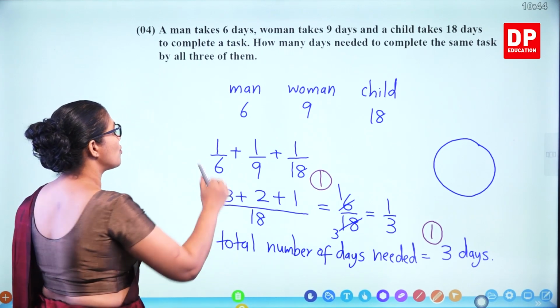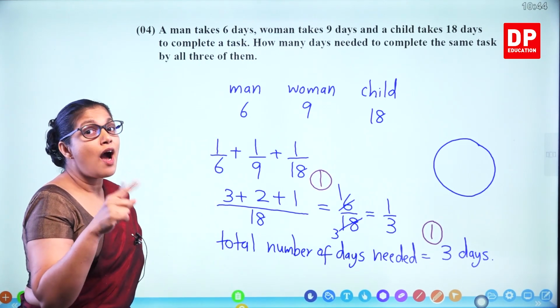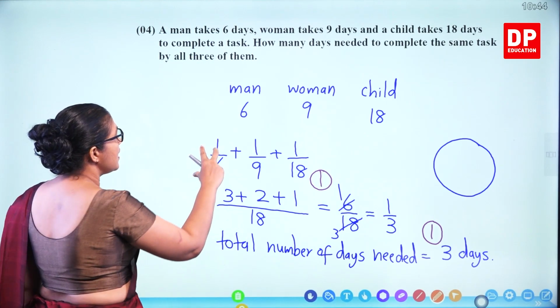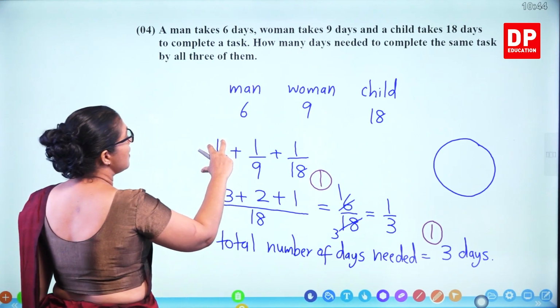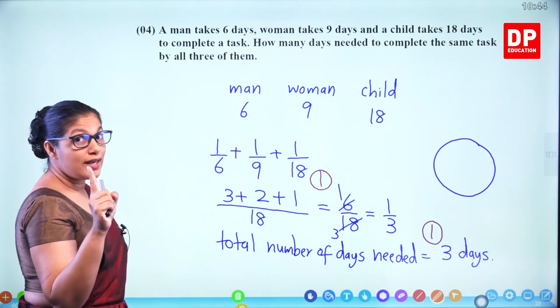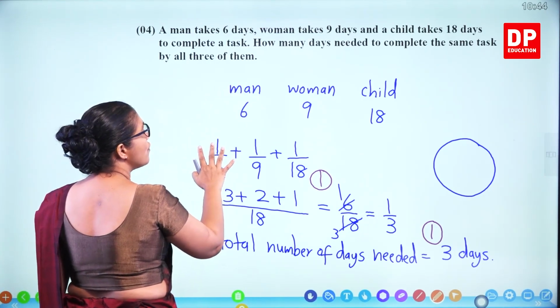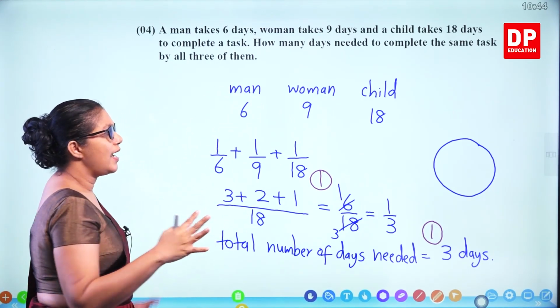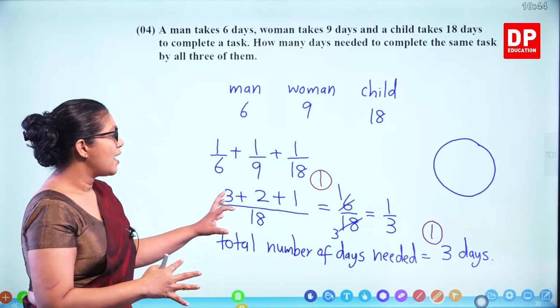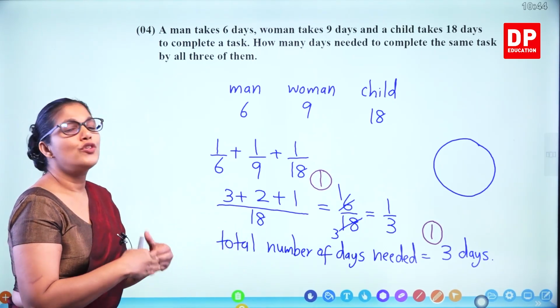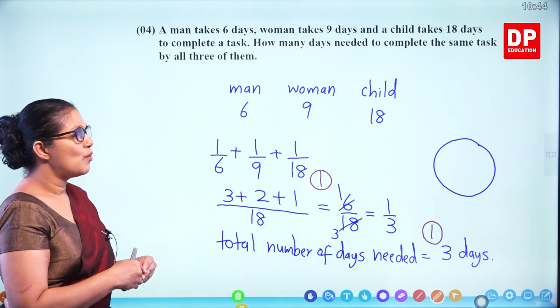So you have to think about 1 day. Within 1 day, what's the fraction of work each can do? And find the total. So 1/3 of the work, so you need 3 days to complete the work.